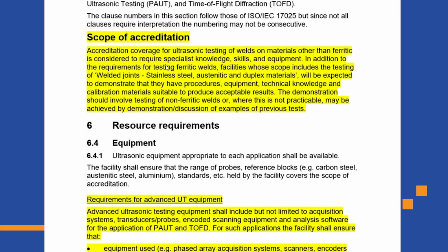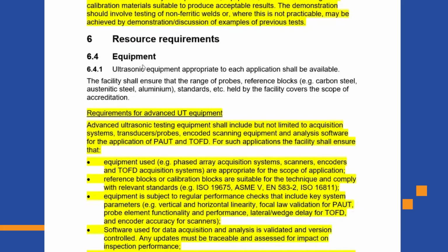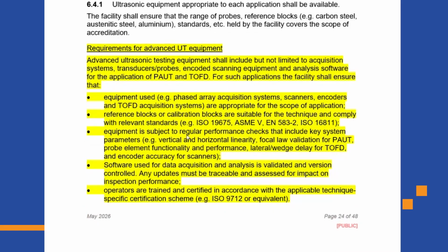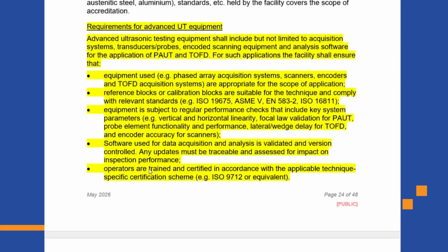Thank you, Mark. Going on, in terms of equipment, we added requirements around the advanced duty equipment and what sort of checks are expected. So this is around the acquisition systems, regular performance checks of these, specifically around encoders, scanners, what software and acquisition system you have in place, and what operators are trained and certified in accordance with the applicable technique.